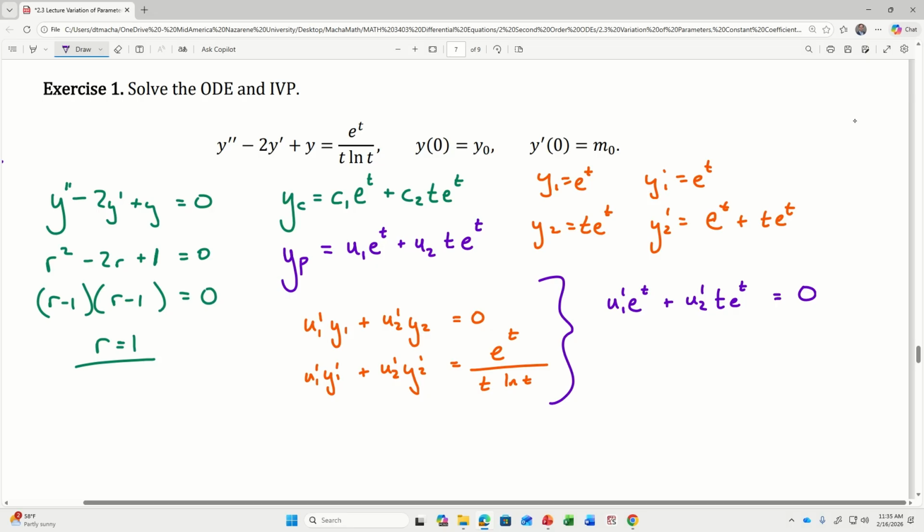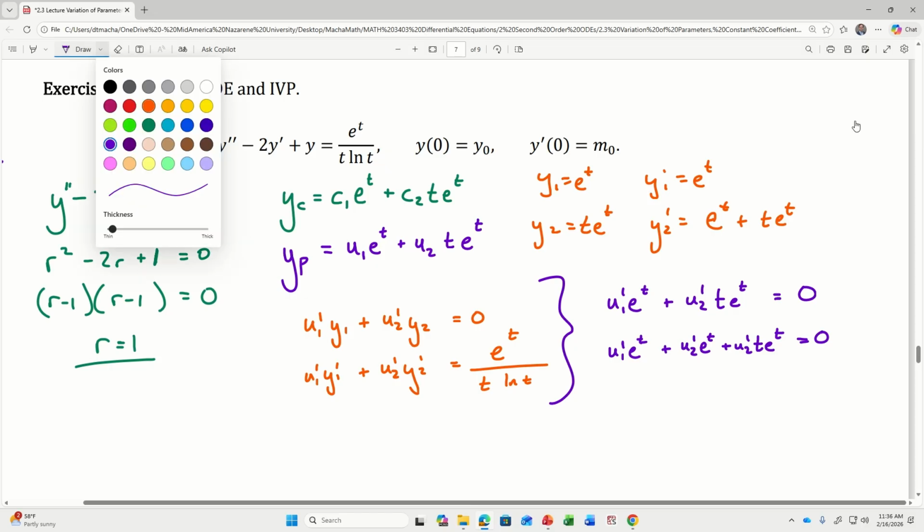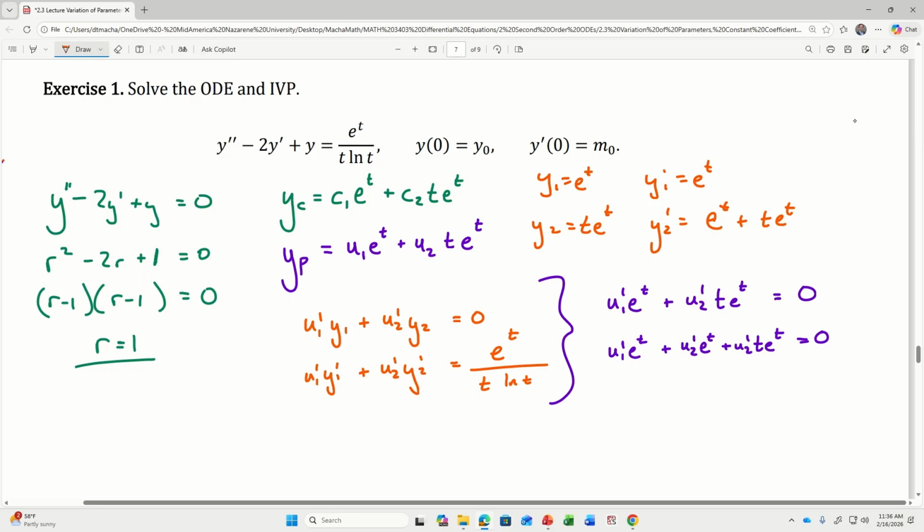The second equation is going to be u1 prime e to the t plus u2 prime e to the t plus u2 prime t e to the t. And to solve this system of equations here in purple, I suggest we take the first equation and subtract the second equation.